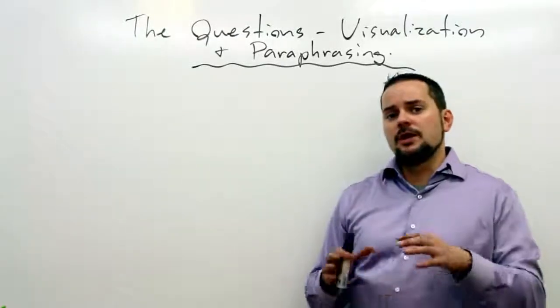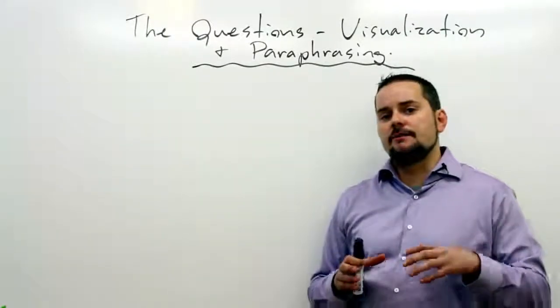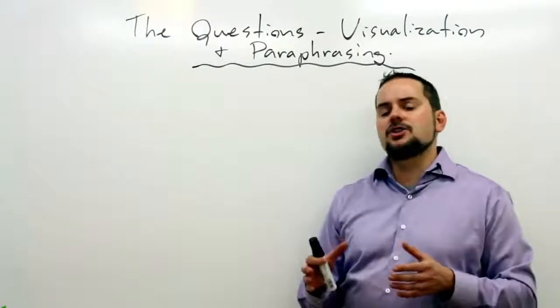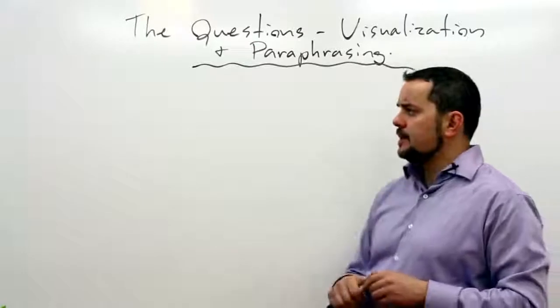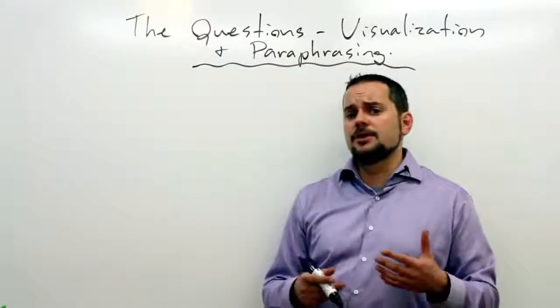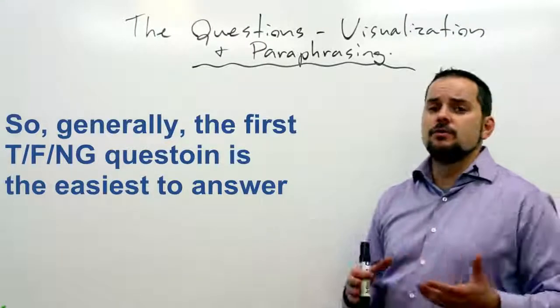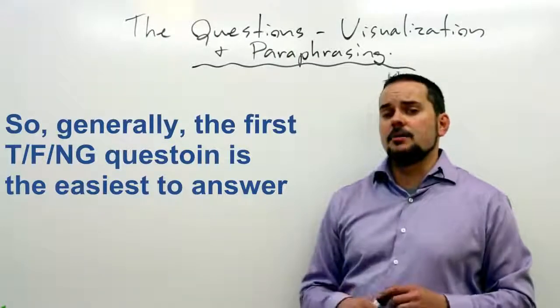So within each question set, usually the first question is the easier question, and then the second question is more difficult, third question is more difficult. So this is important to remember for the true, false, not given, because the first true, false, not given question that you're looking at will usually be the easiest question.